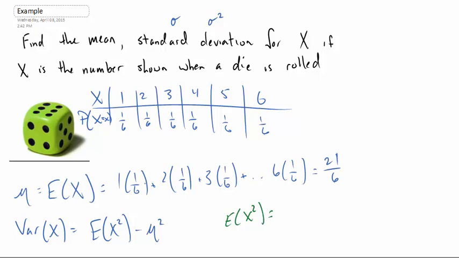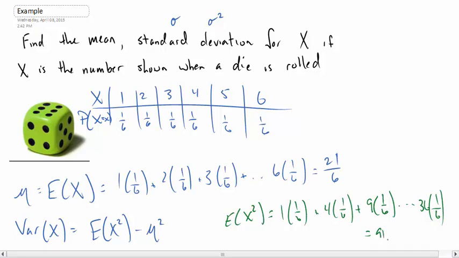It's going to look similar to this, except all of these data values will be squared. So we're going to have 1 times 1/6 plus 4 times 1/6 plus 9 times 1/6 plus and so on, up to 36 times 1/6, for a total of 91/6.